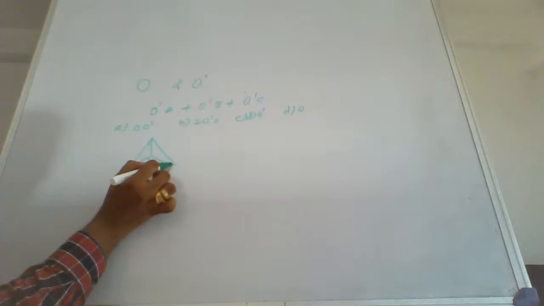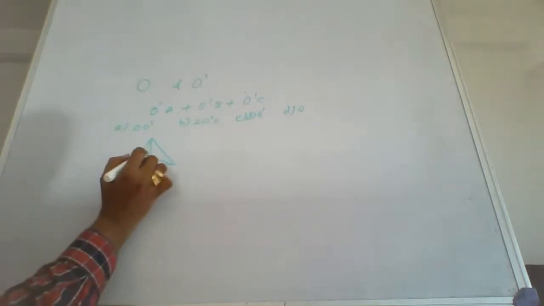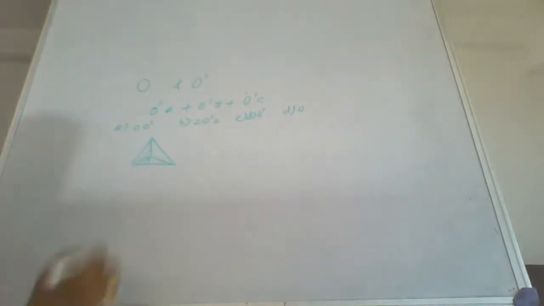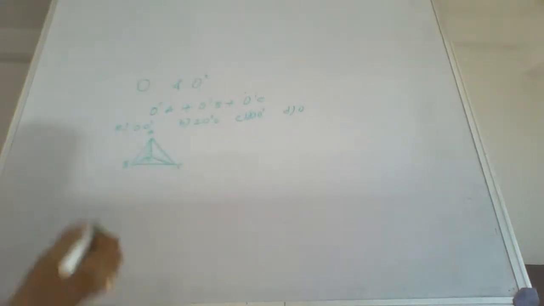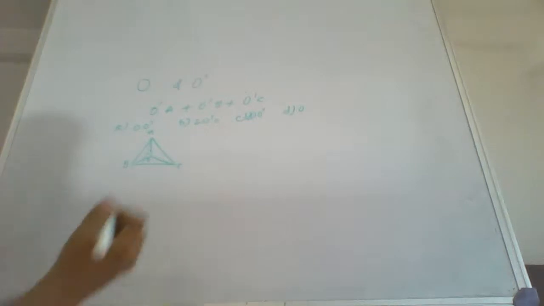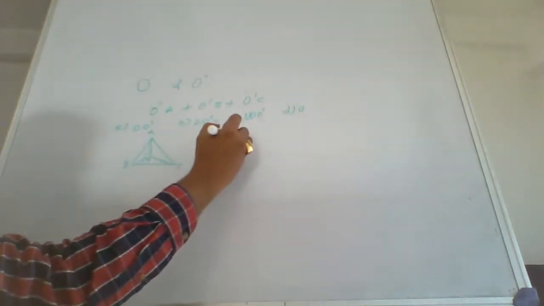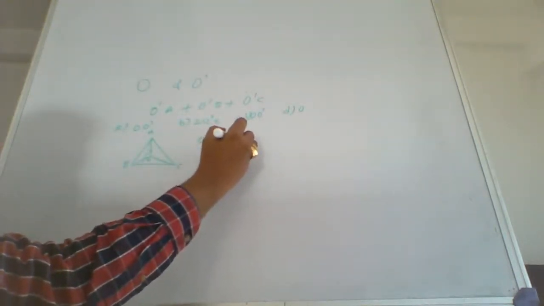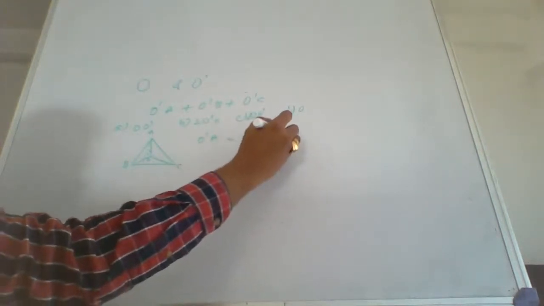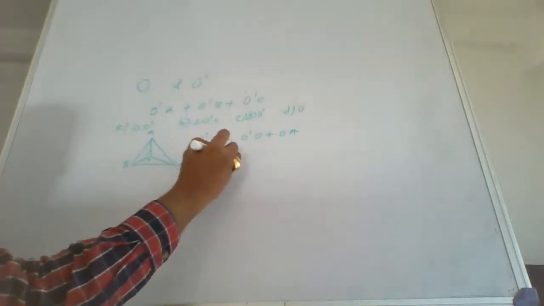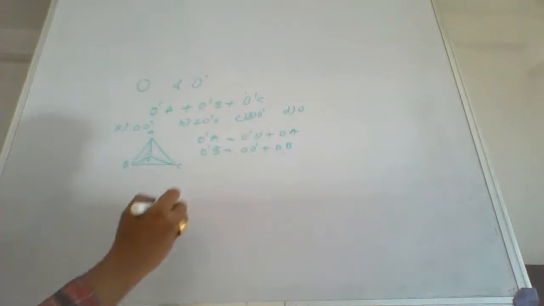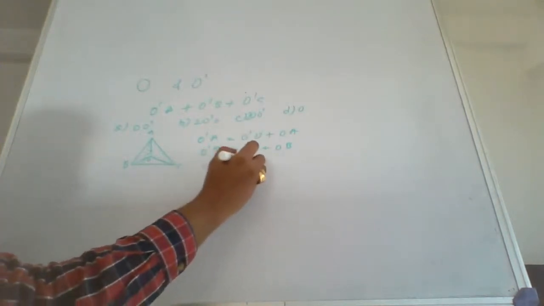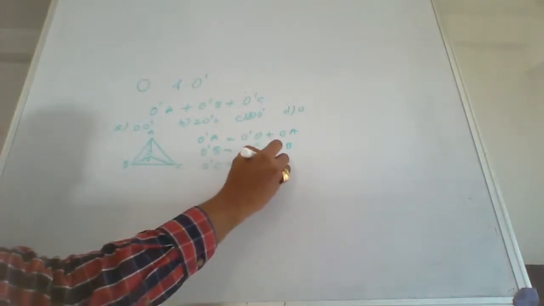These are the dotted lines, and if I consider O dash somewhere, this is A, B, and C. Now we have O dash A, which is O dash O plus OA. O dash B is equal to O dash O plus OB, and O dash C is equal to O dash O plus OC.